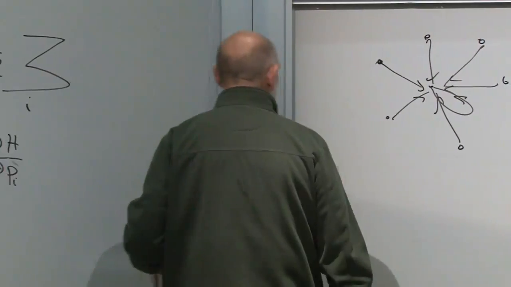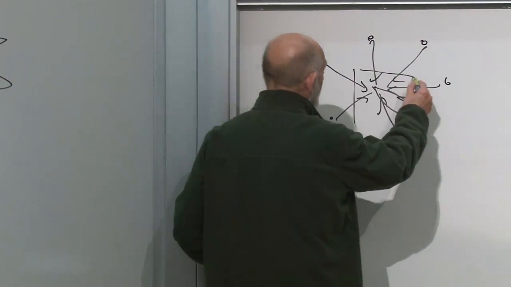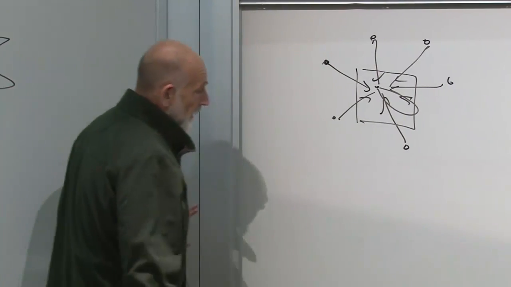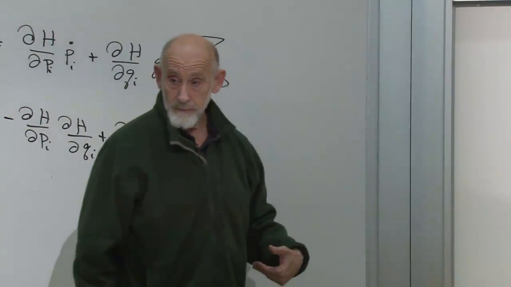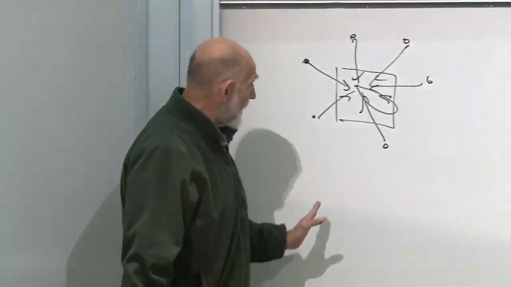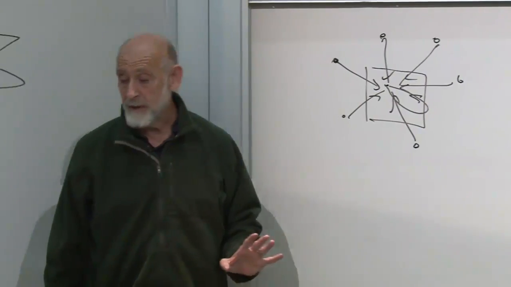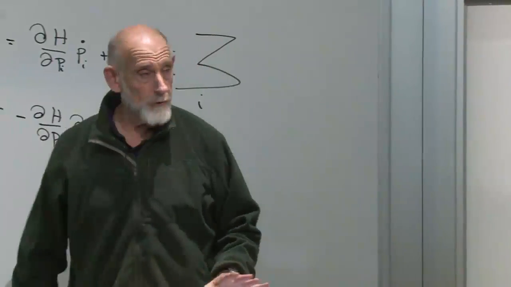Okay? Well, if I draw a box around here, I notice that it's not true that as many arrows come in as go out. More arrows come in than go out. That's the nature of an irreversible law.